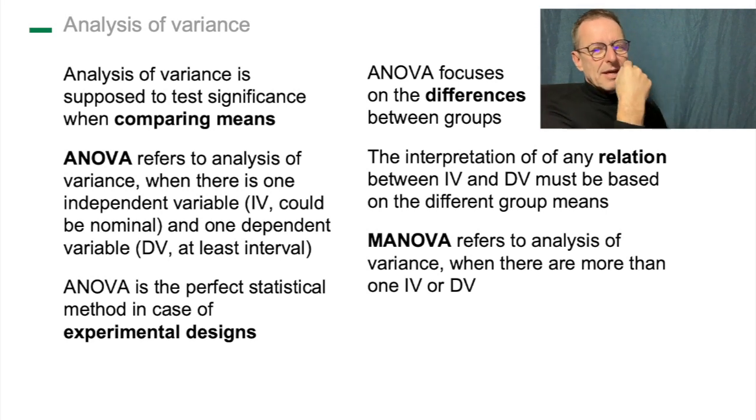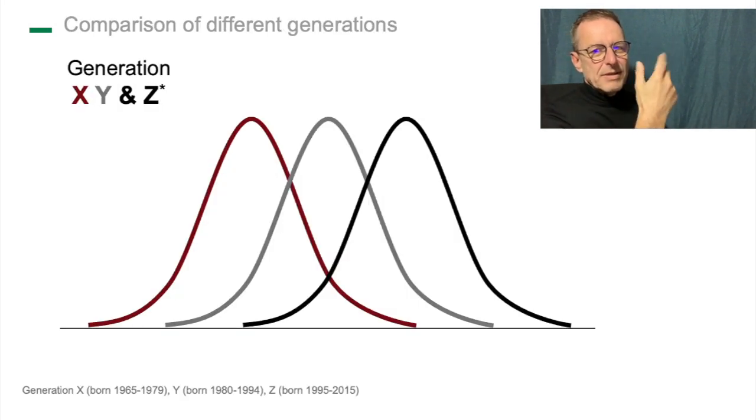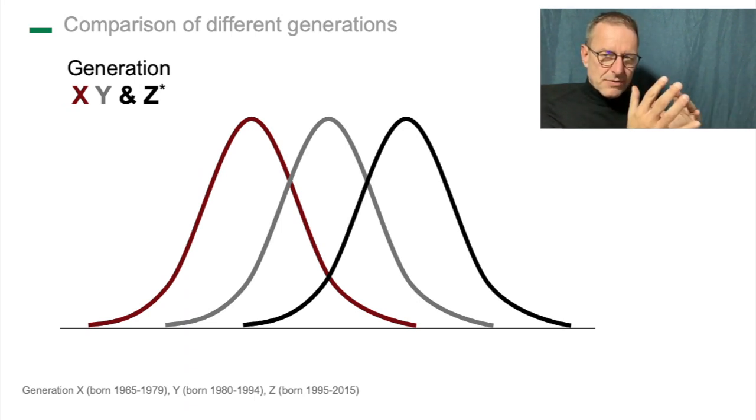It's something that has been heavily discussed for many years and months. It's the idea that different generations differ with regards to their preferences, their way of thinking, and behavioral style, and whatever.